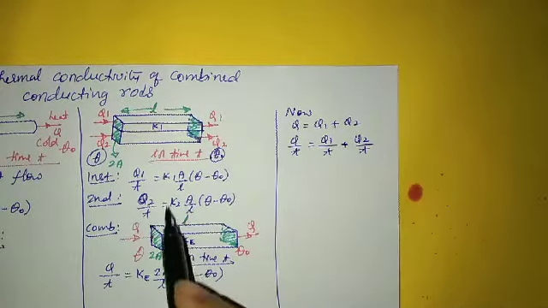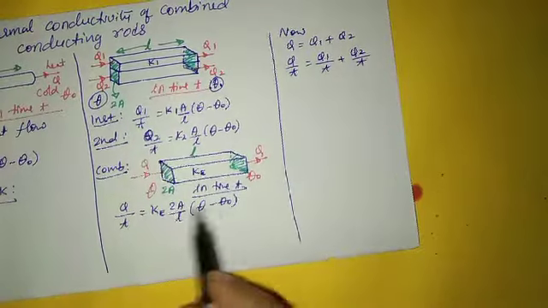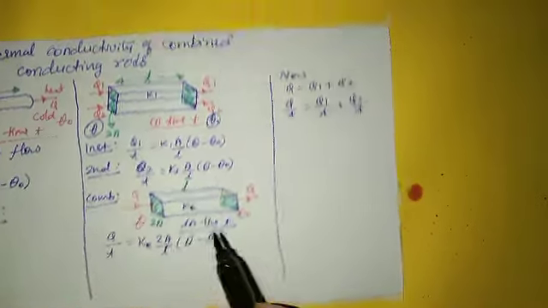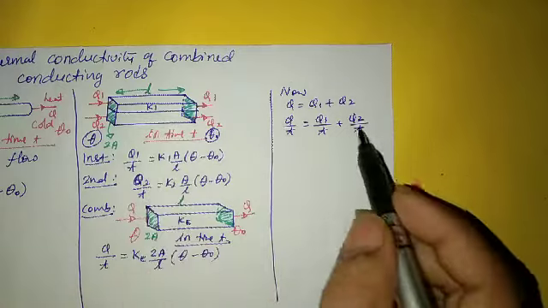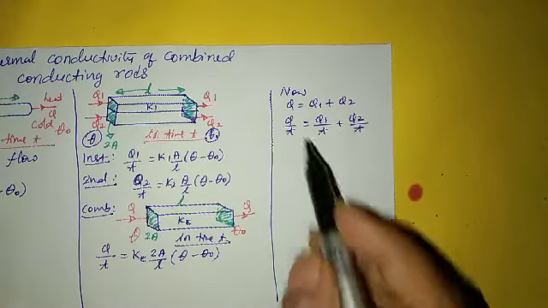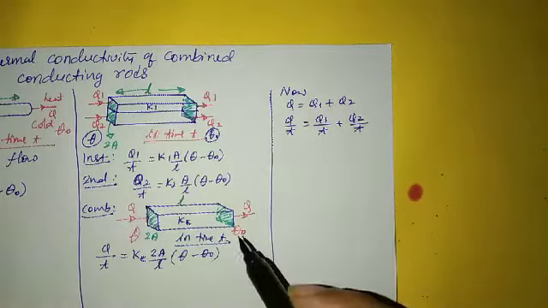What can I write for Q1, which is just Q, is this much, and Q2 is this much and Q1 is this much. If I put all these things here, definitely the common terms on both sides get cancelled.